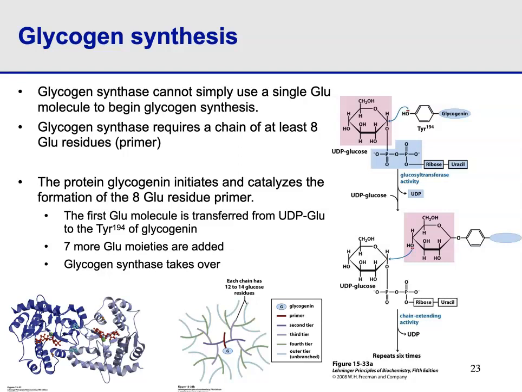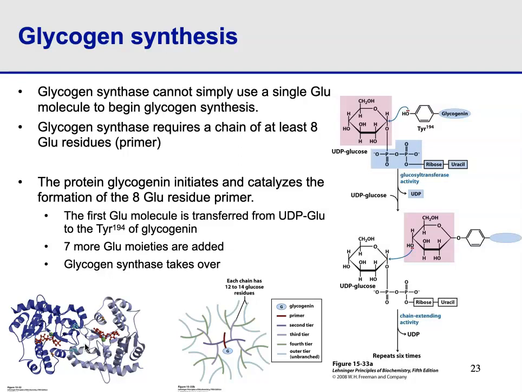Well, obviously the question would be, if glycogen synthase doesn't generate that primer but it needs it, then who or what generates that primer? There is a protein that has the ability to catalyze the first reaction and then the addition of 7 more glucose molecules and generate the 8 glucose residue primer.